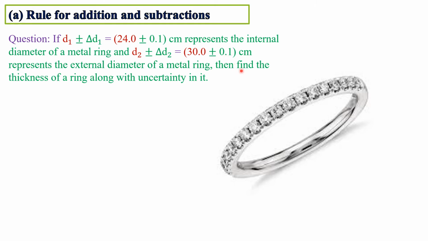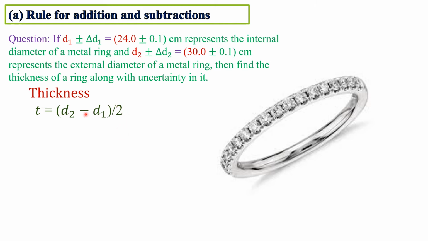Now we need to calculate the thickness of this metal ring and the uncertainty in this thickness. So let's calculate it. For calculating the thickness of this metal ring, we subtract d2 minus d1 and then we divide by 2.